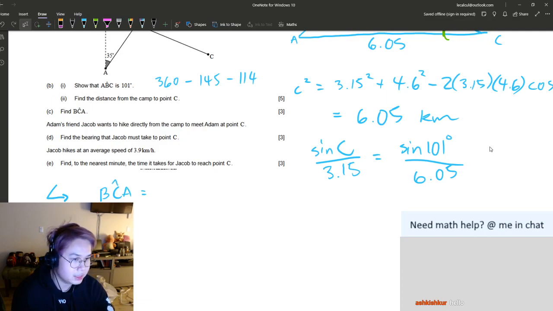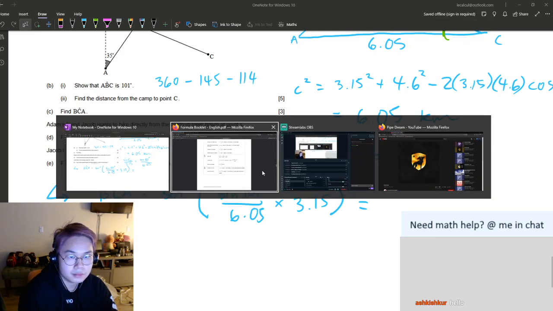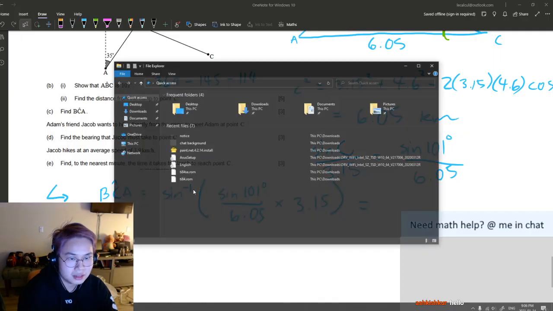We are going to take the arcsine of sine 101 degrees divided by 6.05, and then I need to multiply it by the 3.15. Did it close my calculator again? Oh man.